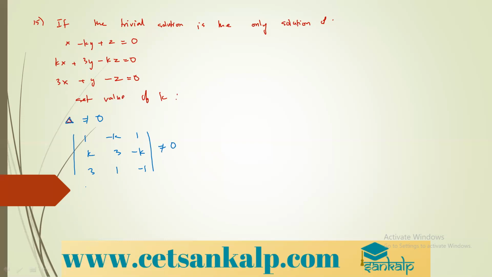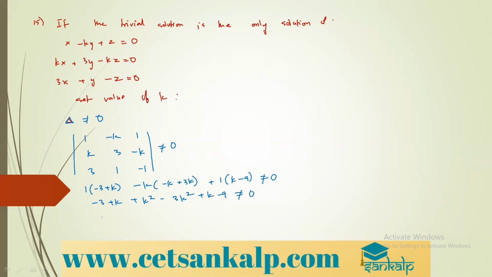Or take the determinant: 1 into minus 3 plus k, minus k into minus k plus 3k, plus 1 into k minus 9 is not equal to 0. Minus 3 plus k square minus 3k square plus k minus 9 is not equal to 0.